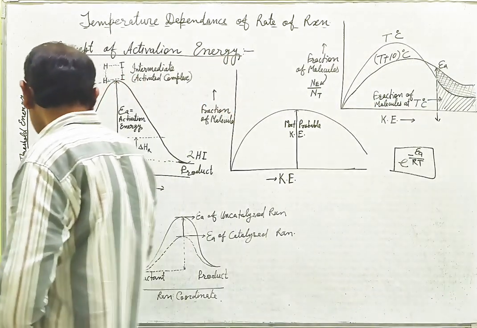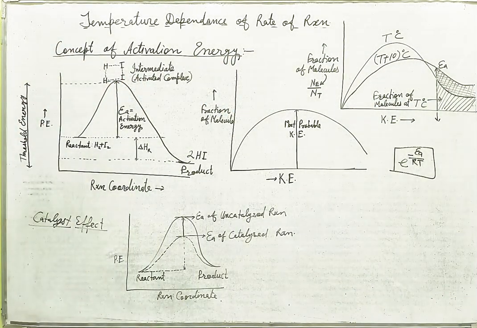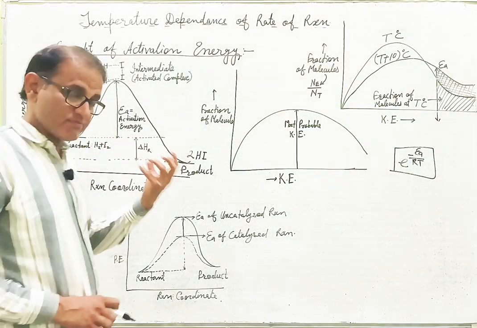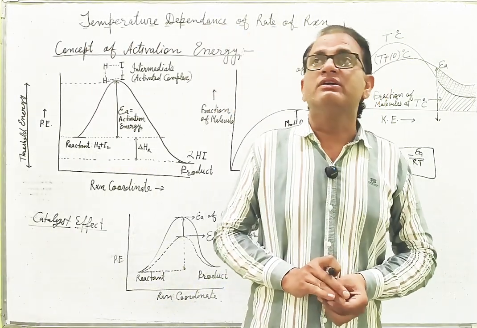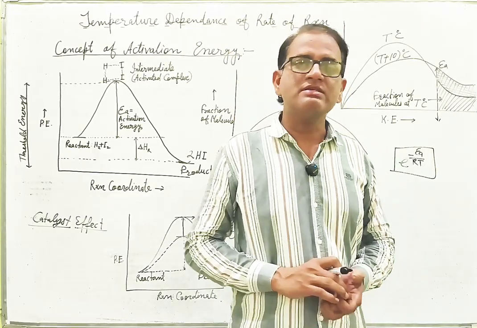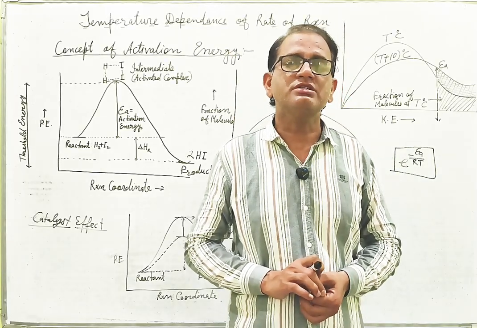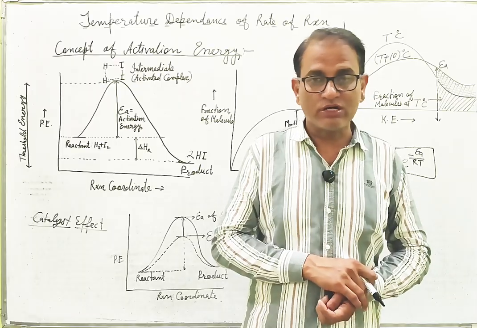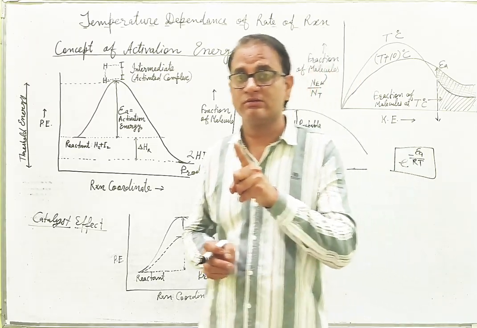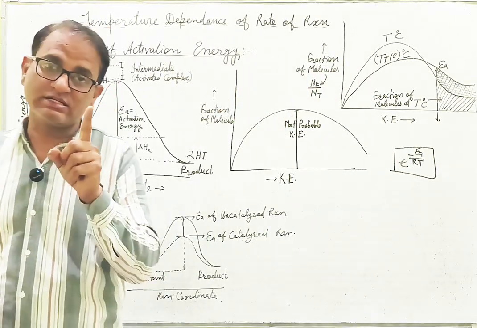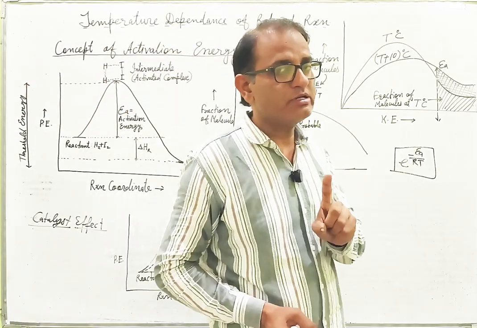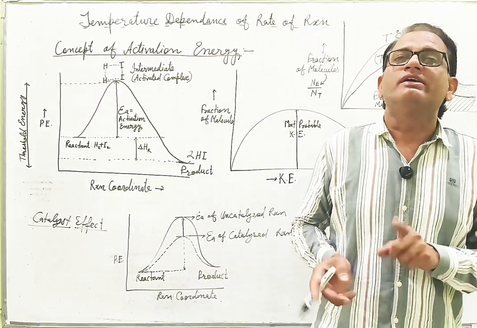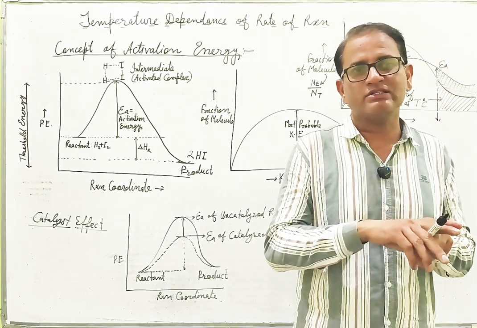Sometimes it may happen that a substance decreases the rate of reaction. For that substance the word used is inhibitor. So one is the catalyst, which increases the rate of reaction, and another is the inhibitor, which decreases the rate of reaction.